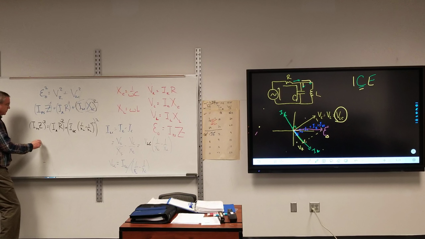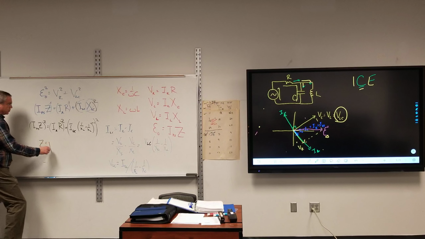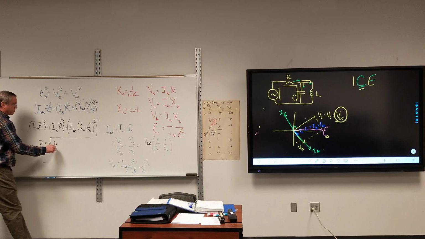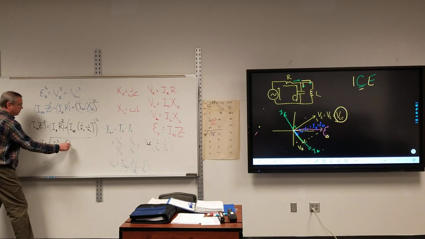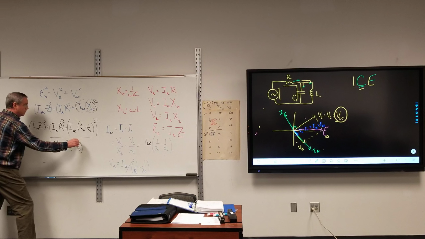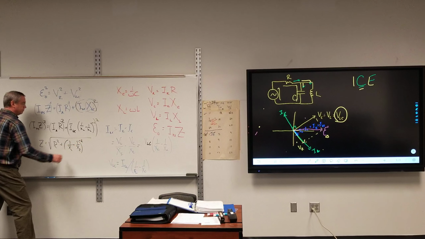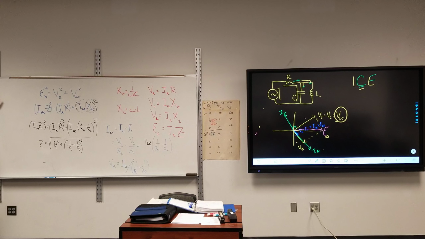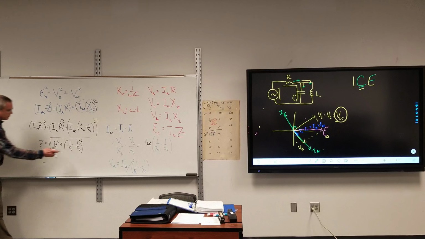So I end up with Z equals the square root of R squared plus (1/XL minus 1/XC) to the -2, square root of all that.